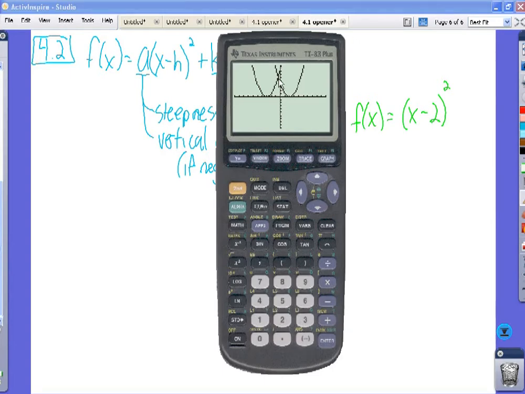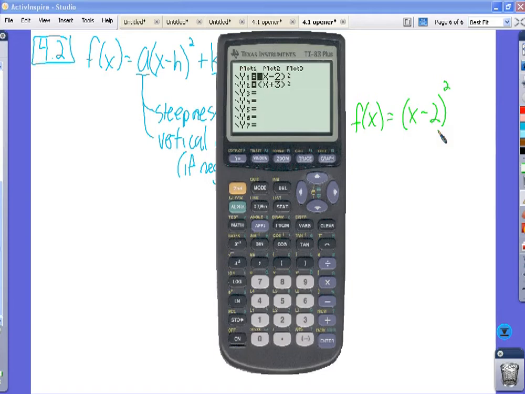They don't intersect with the axis. They intersect right there. Do they intersect at the axis? They could. What can I do to one of these to make sure that they cross the axis? Plus 2 or minus 3. Alright. So this moved it to the right too.